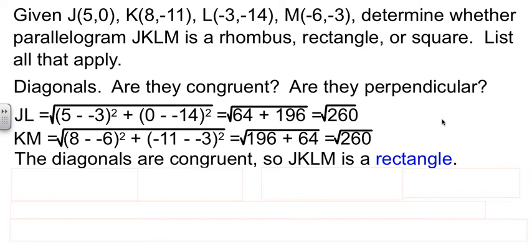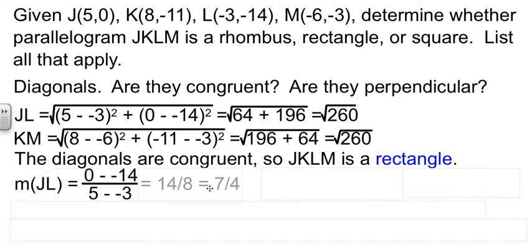Okay. Could it also be a rhombus? Only one way to find out. We need to know if the diagonals are perpendicular or not. Well, let's find the slope of JL. And I get 7/4 once you reduce it. Let's find the slope of KM.